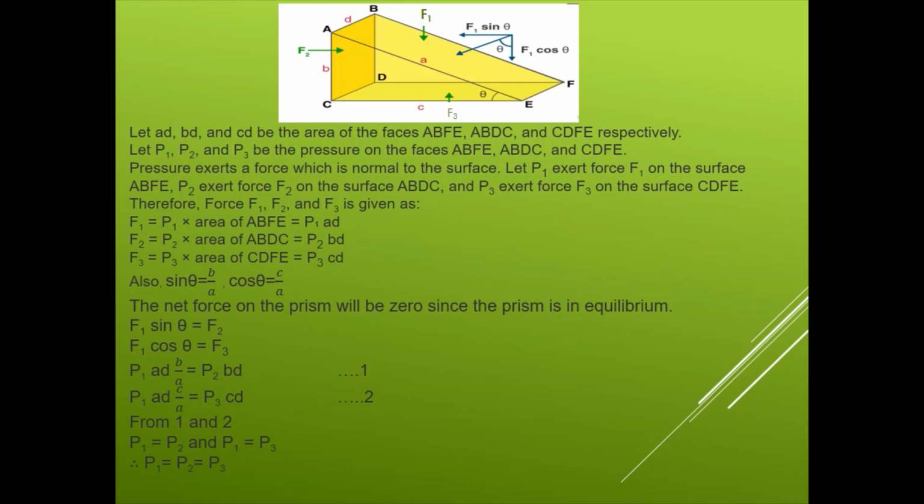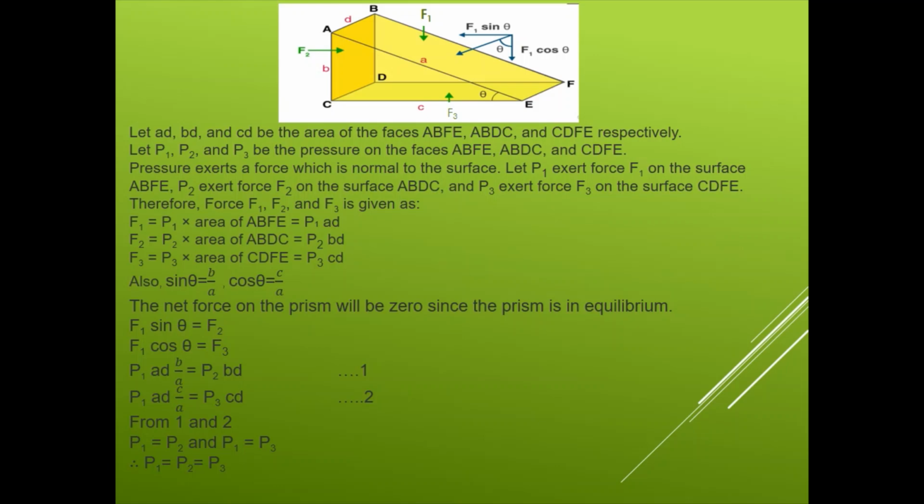BD is the area of face ABDC. Now F3 is equal to P3 multiplied by area of CDFE, and this is equal to P3 multiplied by CD. CD is the area of CDFE face.